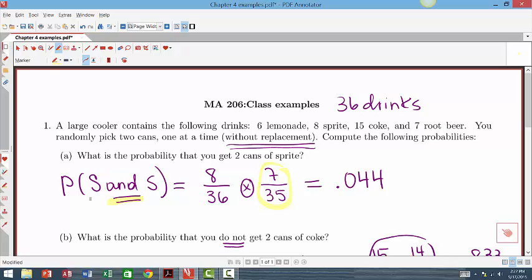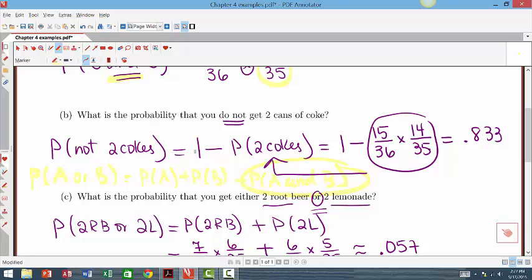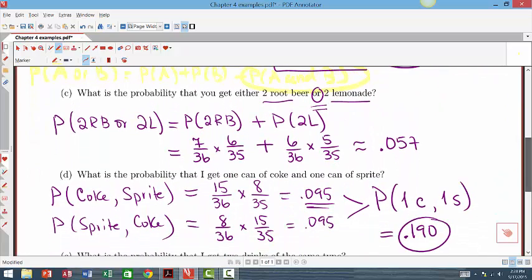So here we used multiplication rule and conditional probability. Let's take a look at the second one. Here we used the rule of complement. Okay, it is easier to compute the probability of not getting 2 Cokes by using complements, because this part right here is easy to calculate.